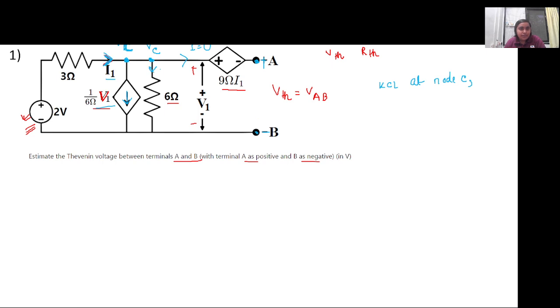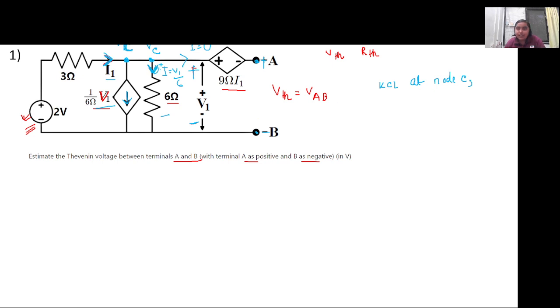And what current will flow through this branch? This V1 voltage, which is across the 6 ohm resistor, will appear across here. So the current flowing through it is V by R, where V is equal to V1 and R is equal to 6 ohm. So V1 by 6 current will flow across this 6 ohm branch.